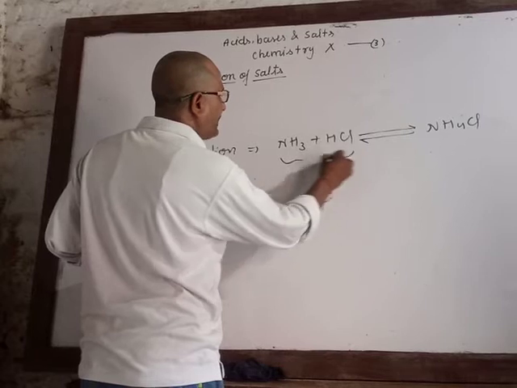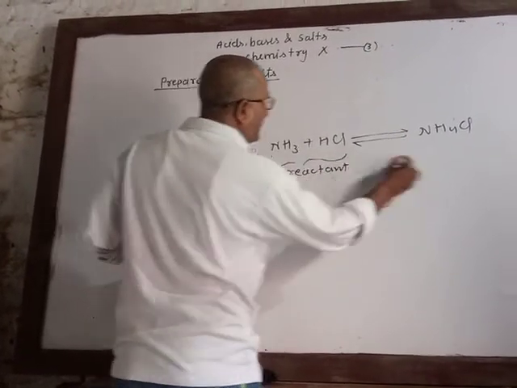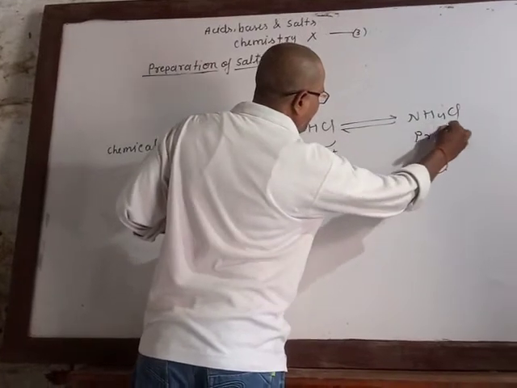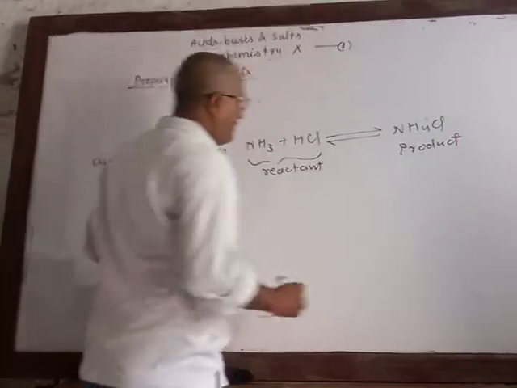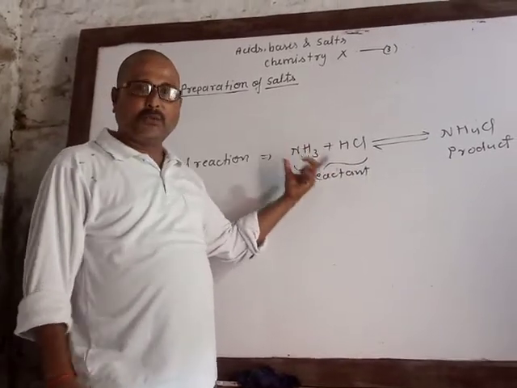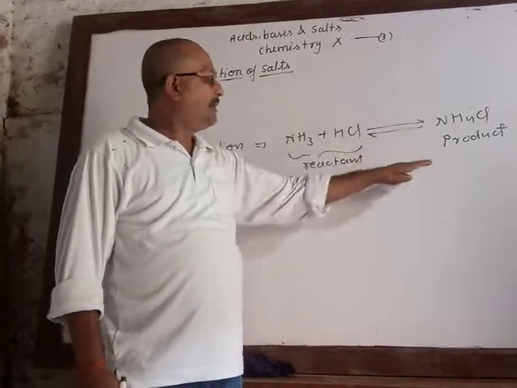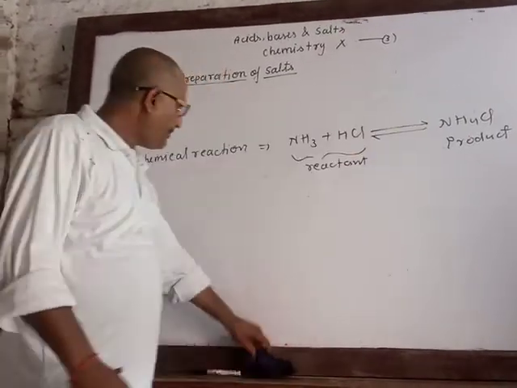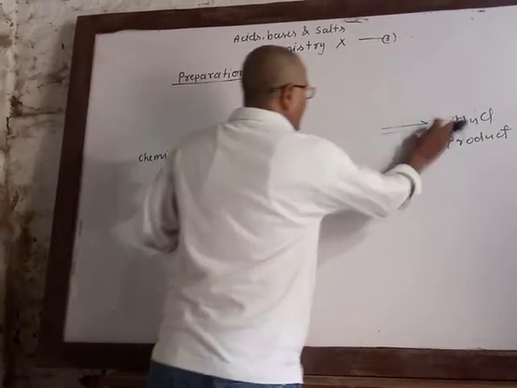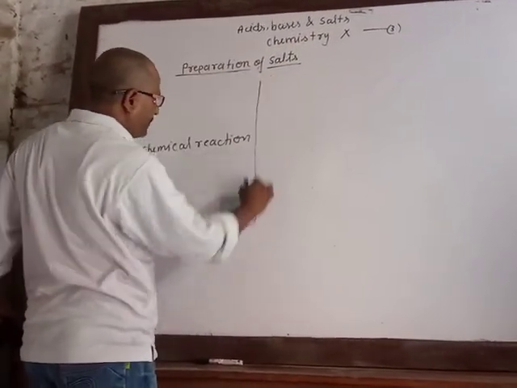These are called reactants, and this one is called product. The substances which take part in a chemical reaction are known as reactants, the substance formed after the chemical change is known as product. Now, I am going to classify chemical reactions into different groups.